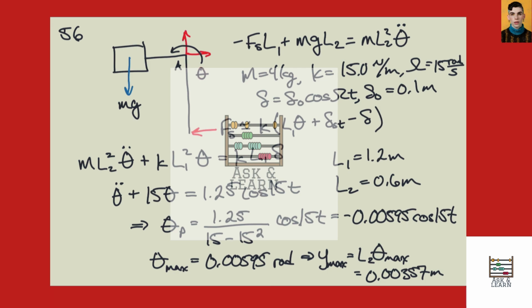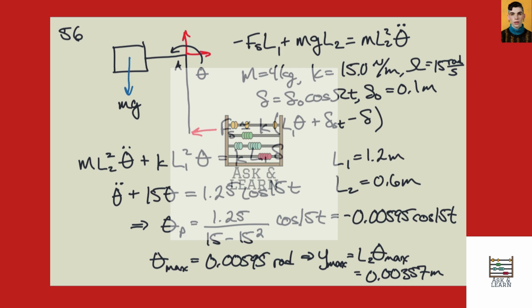That's because this thing has some weight, and before we have any excitation on it, it's going to sag a little bit and pre-compress the spring. So theta is being measured from that equilibrium state. We have this static deformation in our spring, and then on the other end we have some excitation.